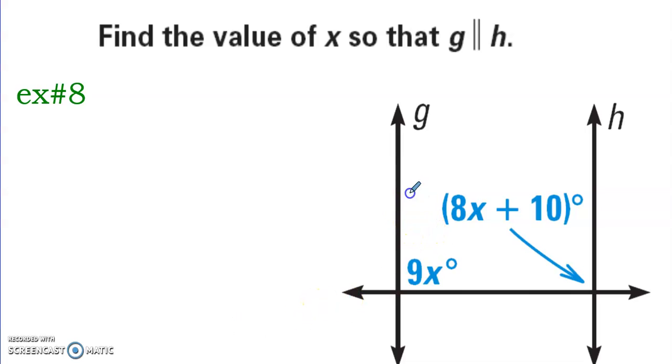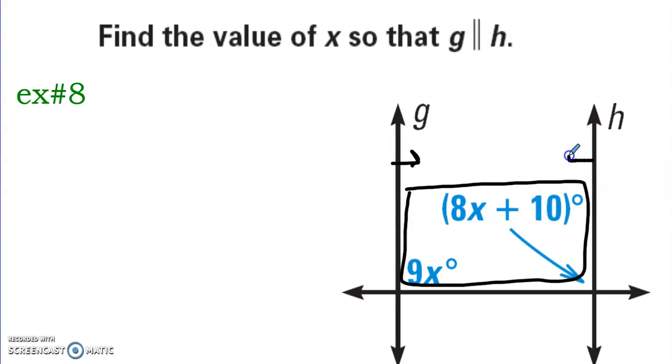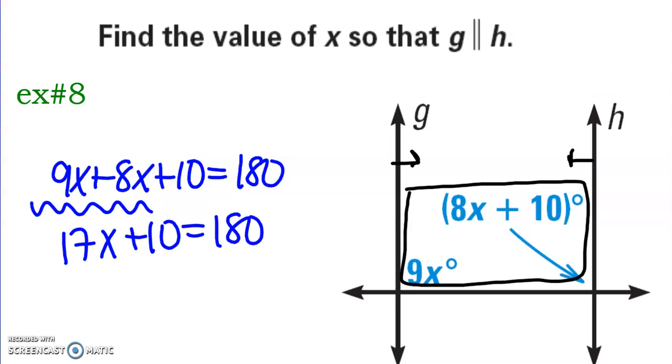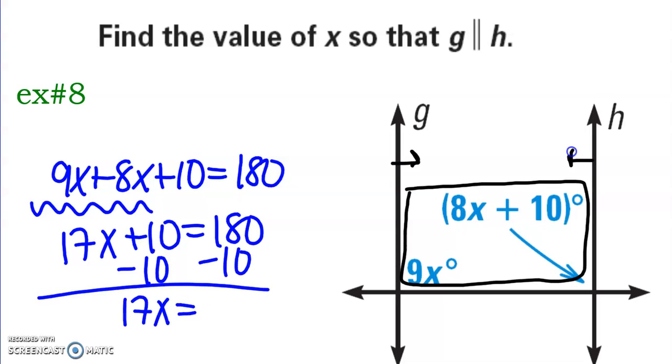All right, here we have same side interior angles, because they're on the same side of the transversal, they're both above the transversal, and they're on the inside, the interior, of G and H. So we know that same side interior angles add up to 180 degrees. And if they do, then we can show that the lines are parallel. So if we set them equal to 180 and combine like terms, that's 17x plus 10, subtract 10, and we get 17x equals 170.